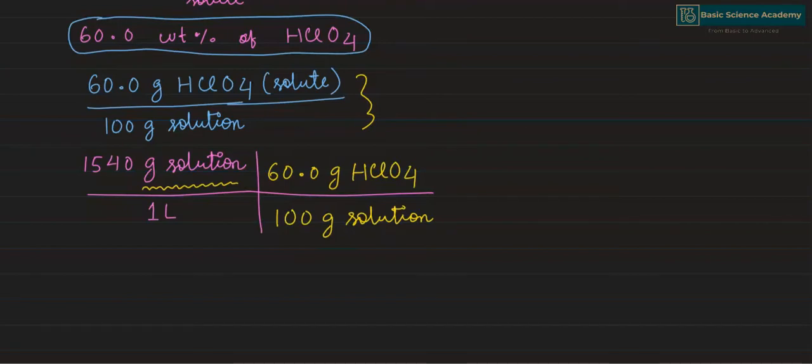Now, gram of solution will cancel out to give the mass of HClO4 in 1 liter solution.